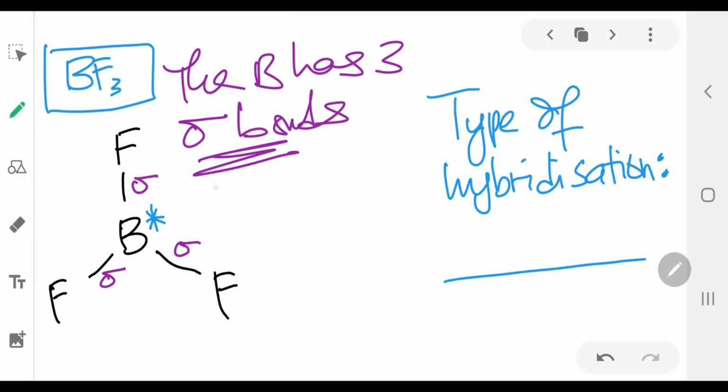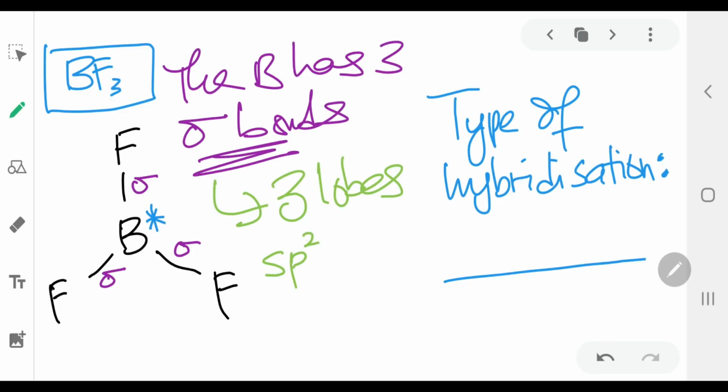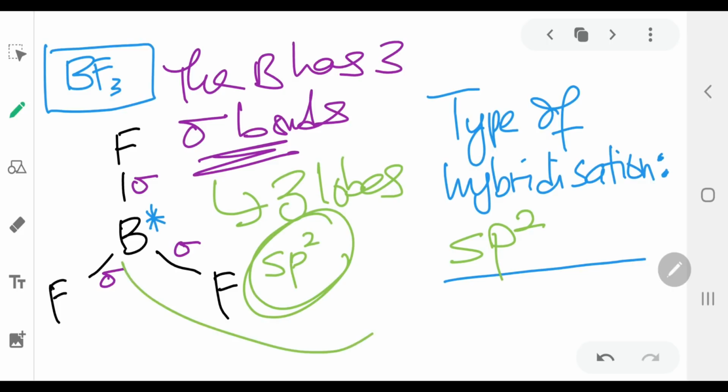Therefore, how many lobes? You have 3 lobes. When you have 3 lobes, means you're going to have 1 lobe, 2, 3 lobes. So the type of hybridization is SP2 hybridization. So your boron is SP2 hybridized.